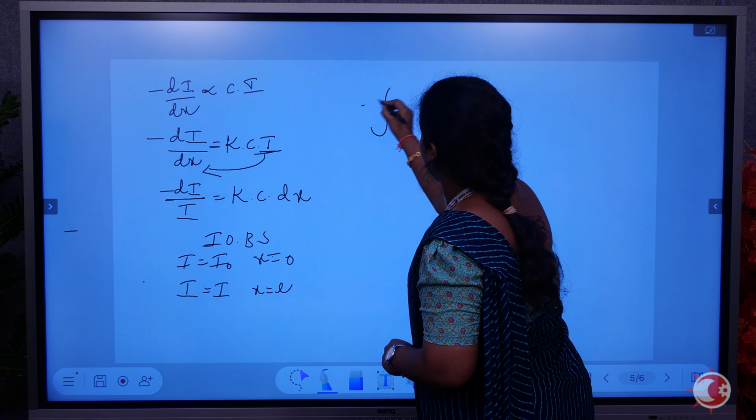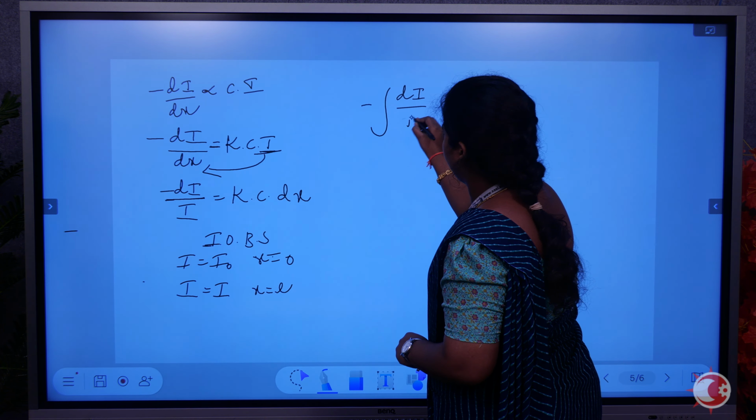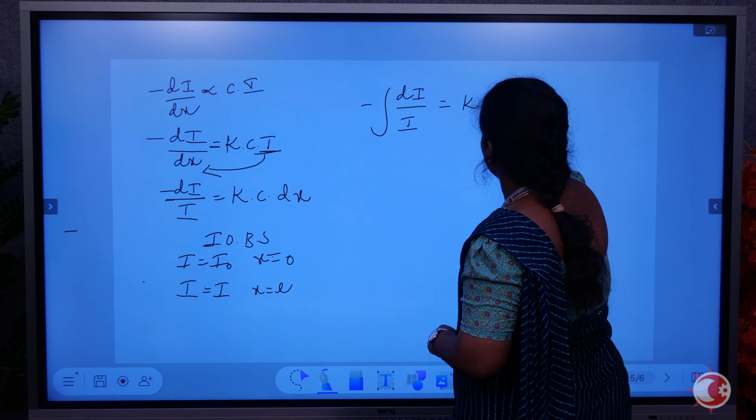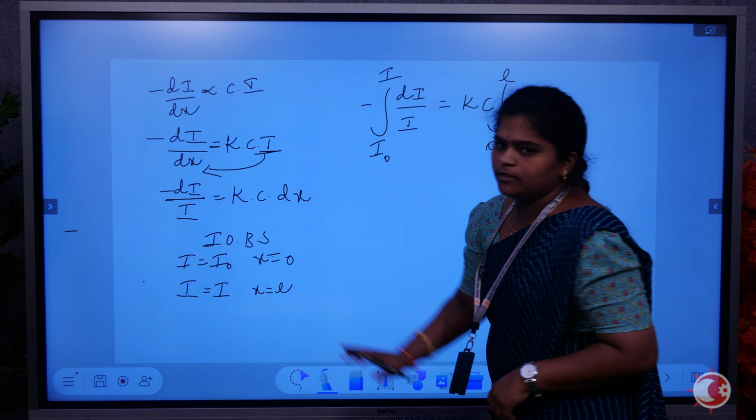So integrating minus dI by I is equal to k, which is constant, c is constant, and dx. So when I is I naught to I and x is 0 to L, L is the path length of the solution.